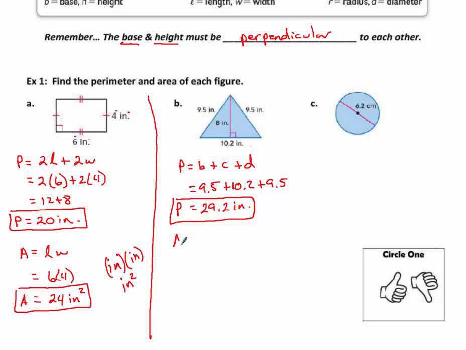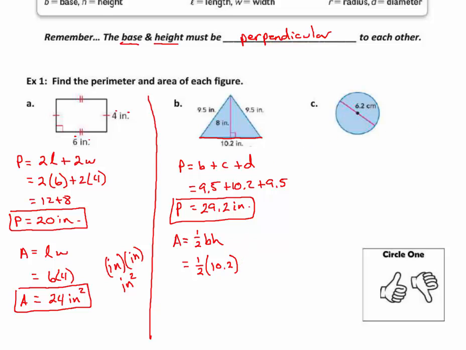Now the area of a triangle is a little bit trickier. You see the formula says area equals 1/2 base times height. Well, that's 1/2. Now the base of the triangle is the entire bottom. It's whatever it's sitting on. It's 10.2.